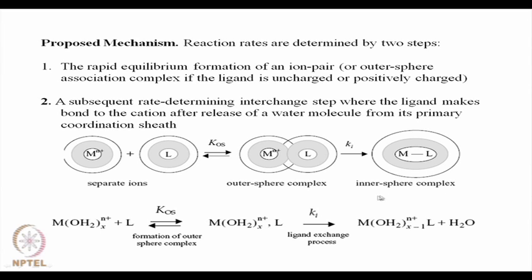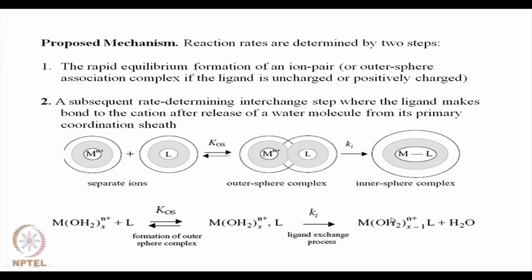This can be written as M(H2O)x^n+ plus ligand L, forming an outer sphere complex, then a ligand exchange process giving rise to M(H2O)x-1 L plus water. So, water is expelled out.